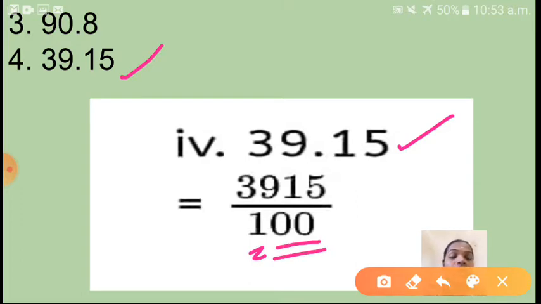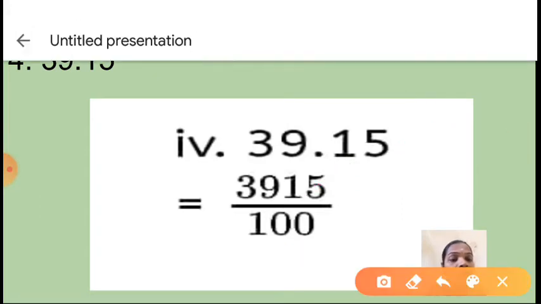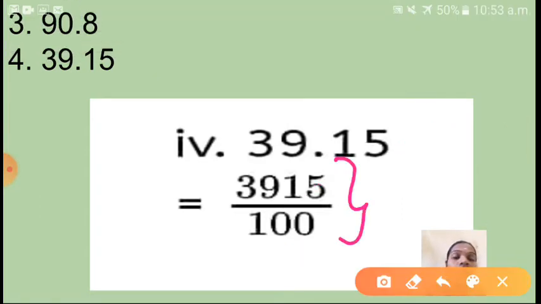So how many 0s do you write after this 1? Yes, two 0s. That means 3915 upon 100. Children, you can also simplify here. The common factor is 5, so with the help of that 5 you can simplify. Shall I go to the next now?